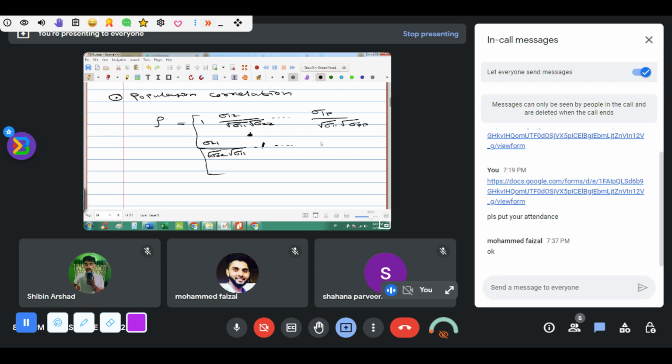What is the last one? Sigma 2p divided by root of sigma 22 into root of sigma pp. Sorry, I corrected it.